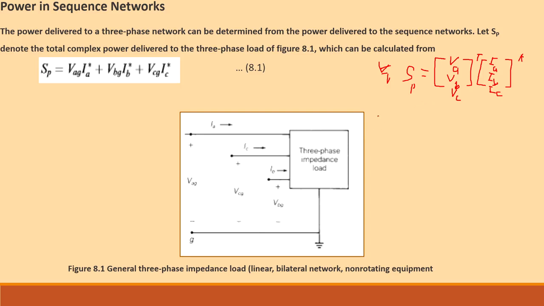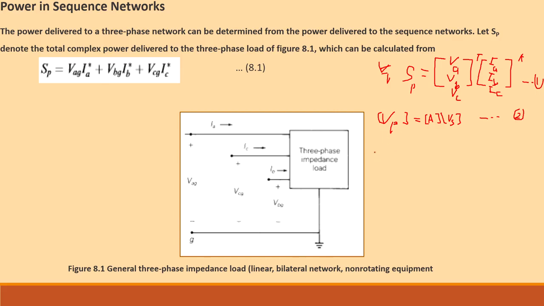And the second equation is V phases equals A multiplied by V sequences. Okay, this is the first equation and this is the second equation.